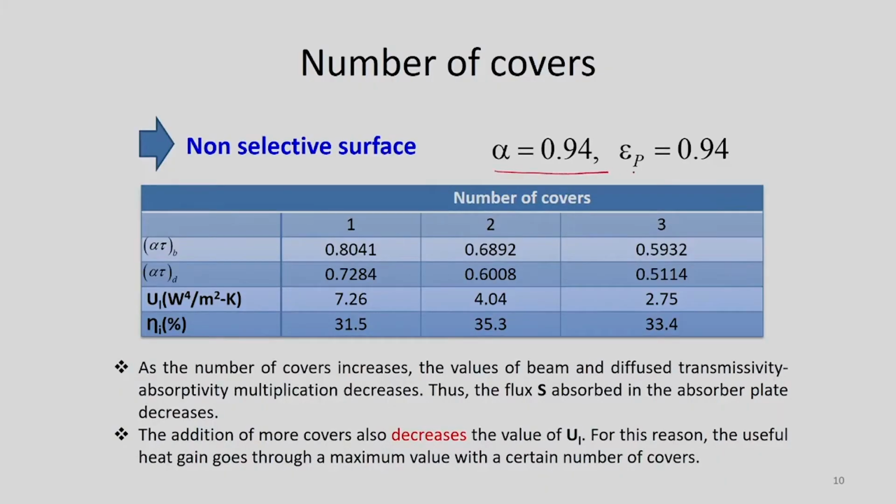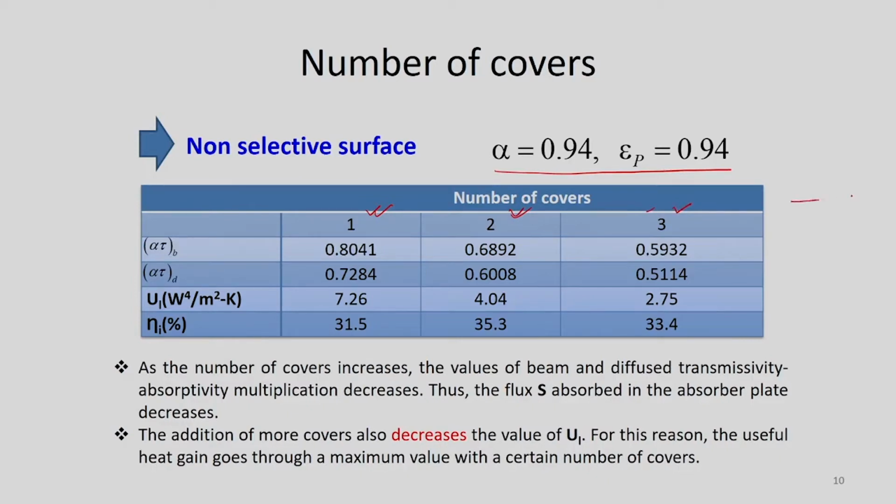Now, let us have a look at the non-selective surfaces. Let us consider the characteristics: absorptivity alpha is 0.94 and emissivity is also 0.94 for the non-selective case, and again we have considered the three cover systems. In the first case a single cover, in the second case a two cover system, and in the third case a three cover system.